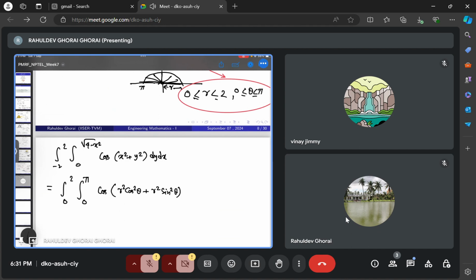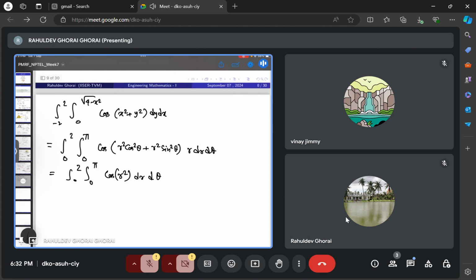And dy dx changes to r dr d theta. So that will give you 0 to pi, 0 to 2, cos of r square r dr d theta. Here the integration now becomes very easy.